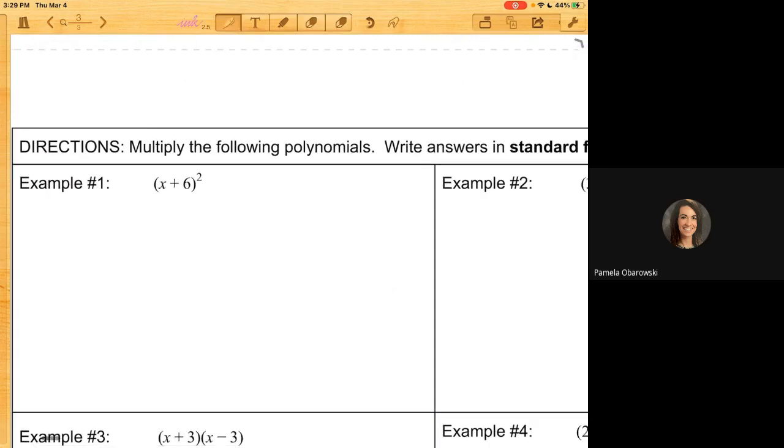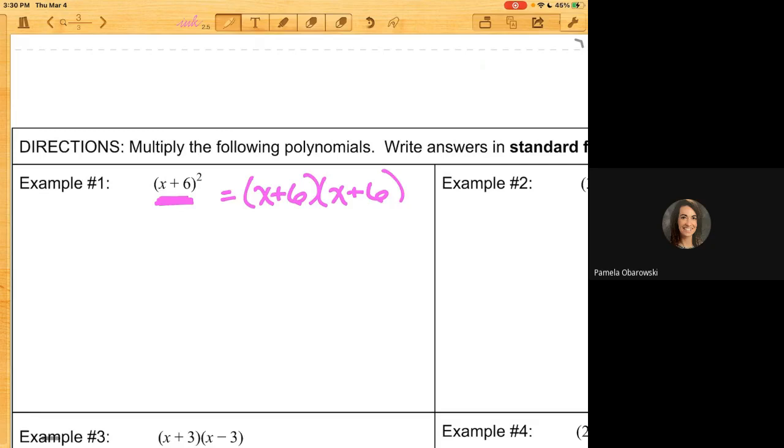And I want you guys to think about what it means to square something. So what it means to square something is to multiply it by itself. In other words, when I square this binomial, this is the same as x plus 6 times x plus 6. Literally the same thing. When I square something, I multiply it by itself.